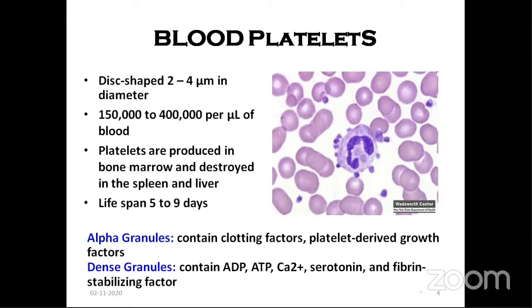And there are certain dense granules, the specific granules, which contain ADP, adenosine diphosphate, and adenosine triphosphate or ATP, calcium, serotonin, as well as FSF or fibrin stabilizing factor. So they are rich in clotting factors, and that's how they promote clotting of blood whenever there is injury and loss of blood.